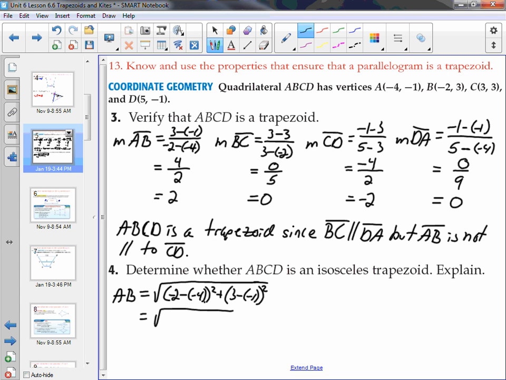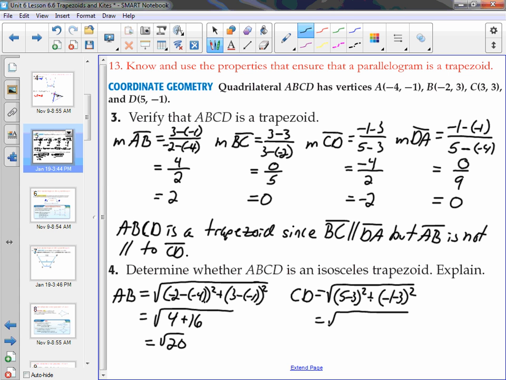So that'll be, let's see, 2 squared is 4, 4 squared is 16, so that's the square root of 20. Then let's find the length of CD. We'll get (5 minus 3) quantity squared plus (-1 minus 3) quantity squared.